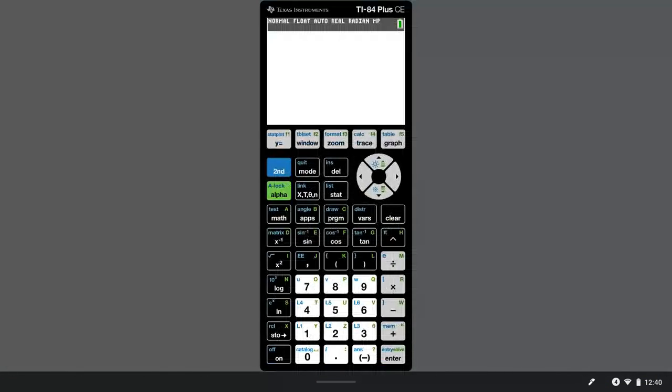You can do 60 divided by 180. It'll get you a decimal. We don't want decimals. We want fractions. So you're going to hit the button on the left called Math. Under the blue, under the green, right here it says Math. And the first thing that pops up is 1 arrow frac. That means change it to a fraction. So hit Enter and hit Enter again, and it'll give you a fraction of 1/3.